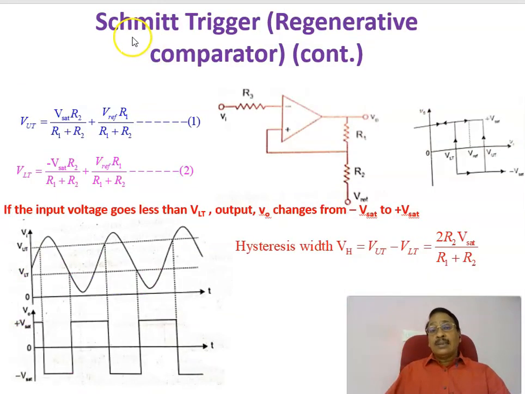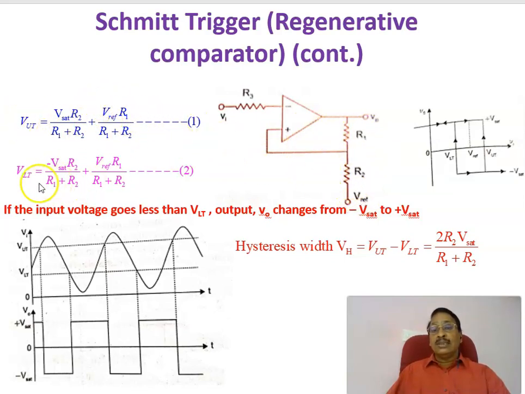Continuing with the Schmitt trigger circuit, here we have found the upper threshold voltage in terms of the resistance values, saturation voltage and reference voltage. The upper threshold voltage is given by Vsat into R2 divided by R1 plus R2, plus V reference into R1 divided by R1 plus R2.